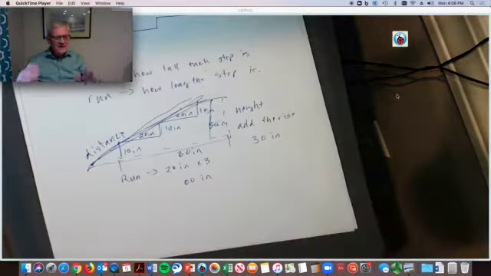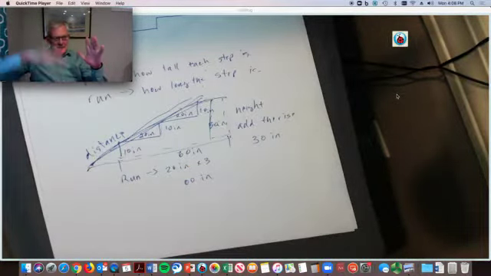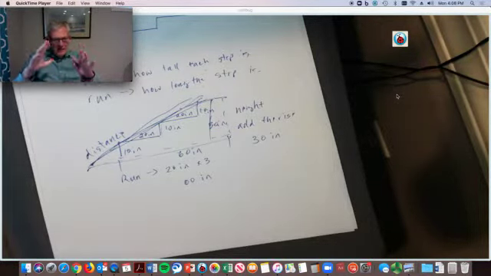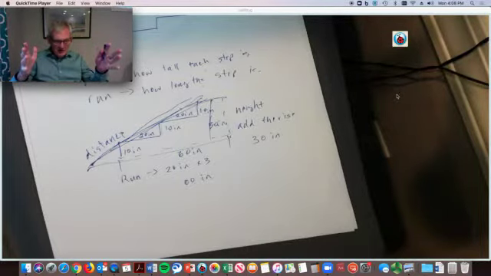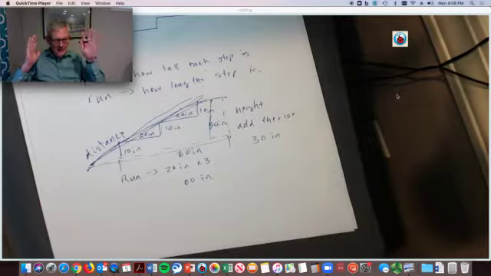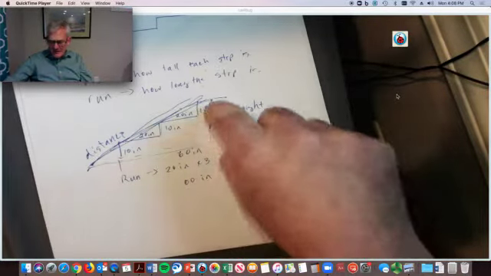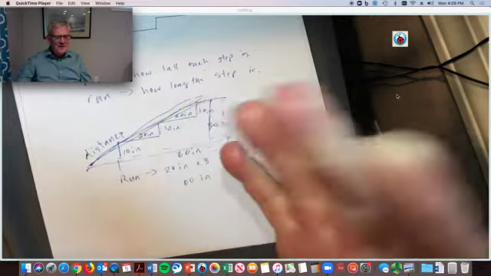On yours, you take that 18 times the height, convert that to meters, and then your gravitational potential energy is your mass times 9.8, the acceleration due to gravity, times that height. That's never going to change, because the heights of the stairs are never going to change.